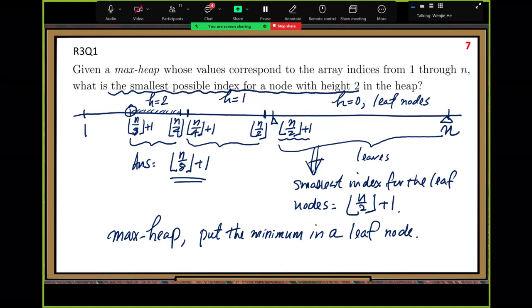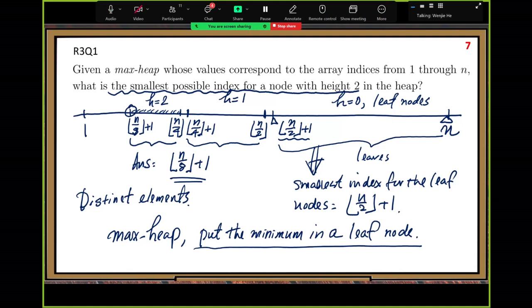Here we assume all distinct elements. Then the minimum has to be in a leaf node. The node containing the minimum cannot have any child.